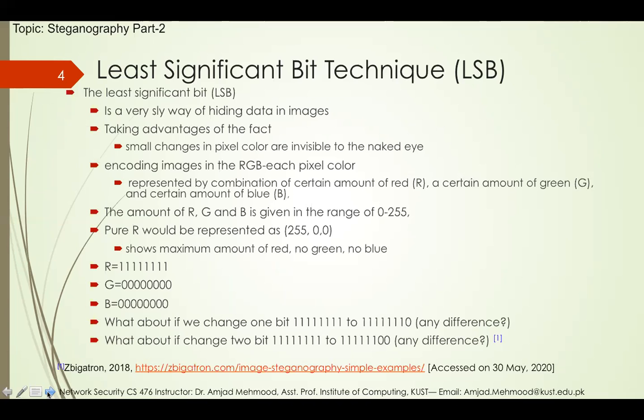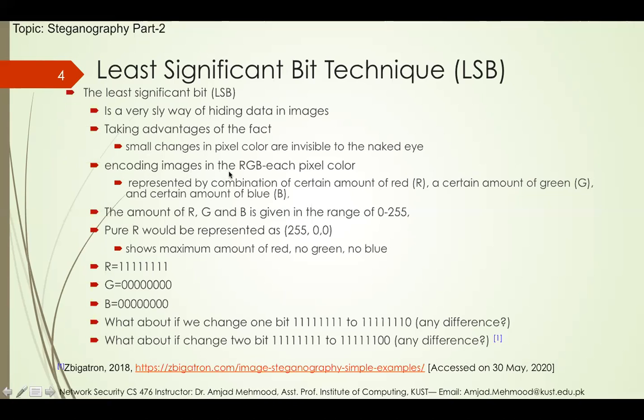As you know, in digital images you have different pixels, and each pixel is represented with three colors, RGB: red, green, blue. So if you make a small change in that, by considering the information you want to send over these pixels, this is invisible to the intruder or the malicious user.